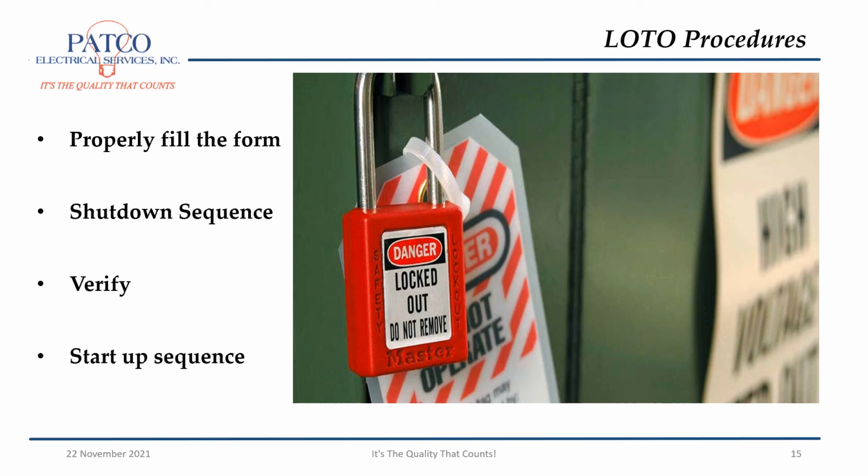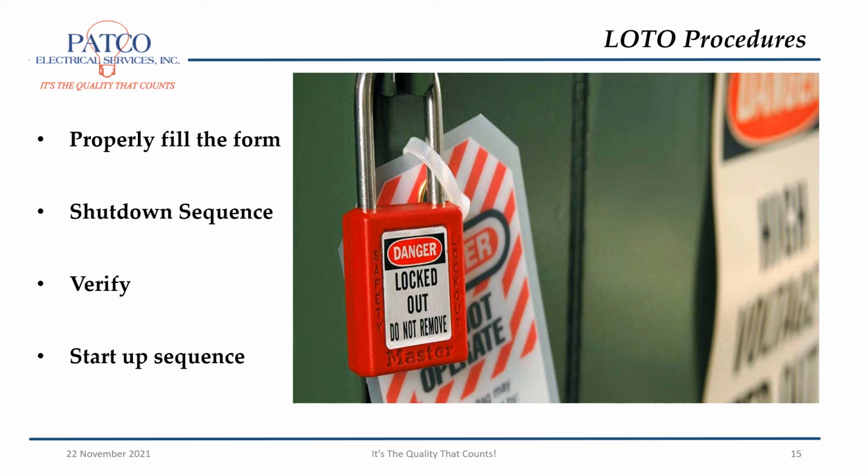Then you'll go through and make sure all authorized employees are trained in lockout tagout, all affected personnel are informed of the lockout tagout, have your pre-shutdown safety meeting, and note who the pre-shutdown safety meeting was conducted by. Then we'll go through your shutdown sequence. Again, it asks, was all affected personnel notified of the machine equipment shutdown?